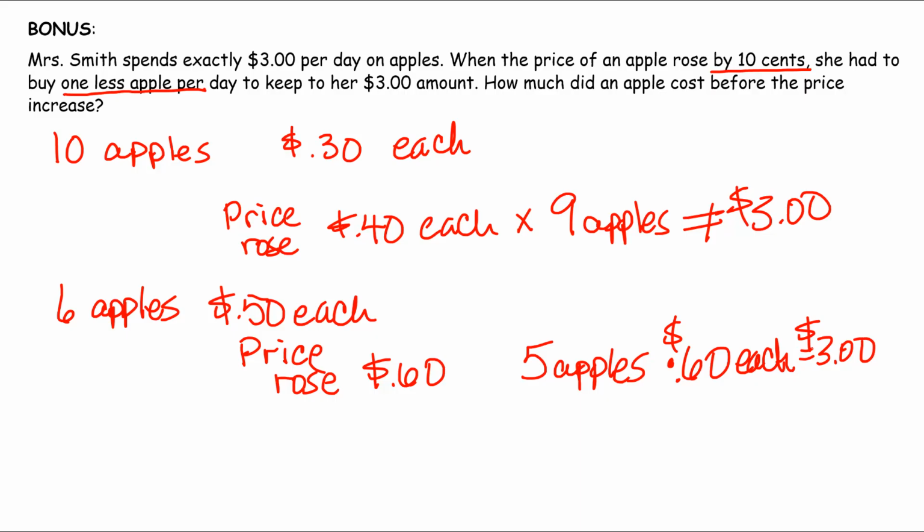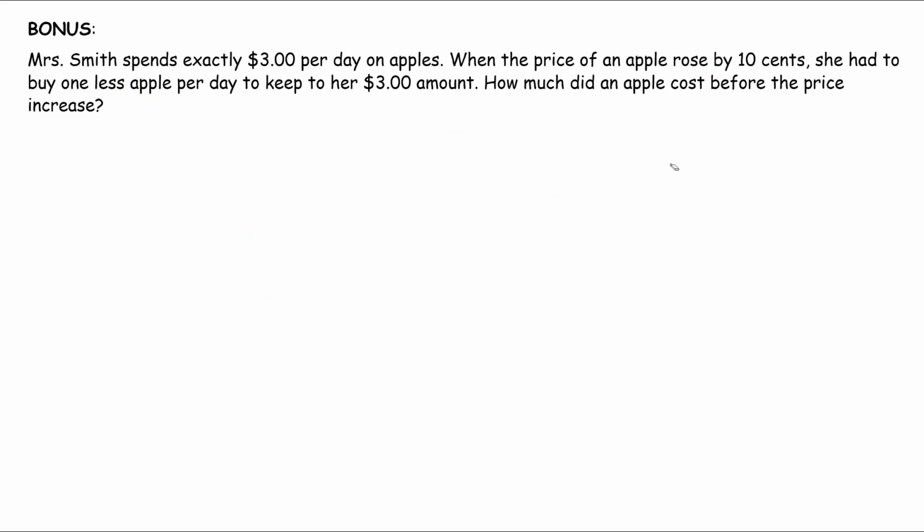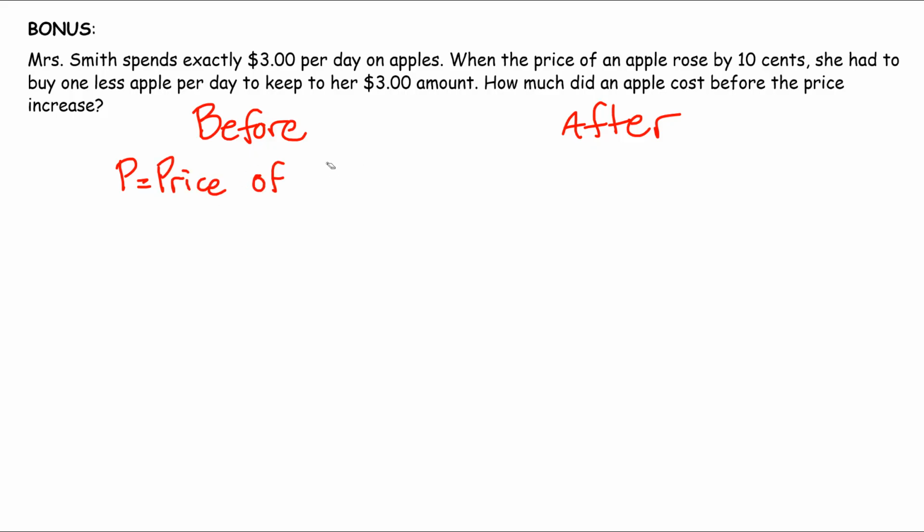Now, what if you wanted to do it using algebra instead of trial and error? All right. So we're going to look at the two different situations before the price went up and after the price went up. So before the price went up, we'll say that the price of an apple was P. P is the price of one apple.